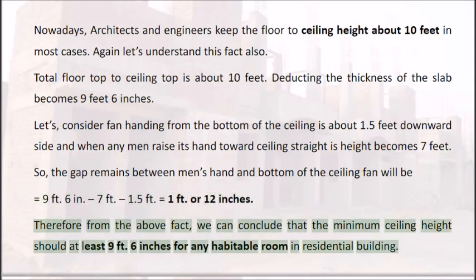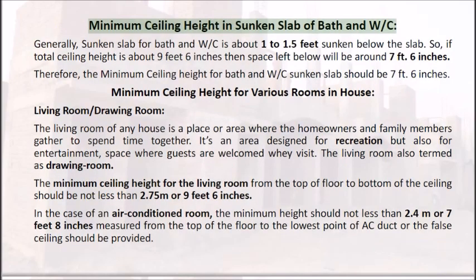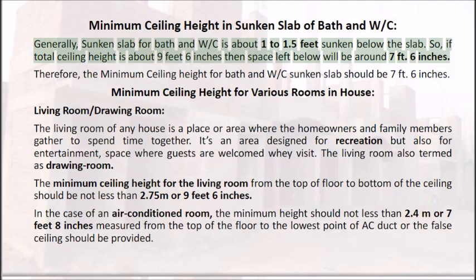Therefore, from the above fact, we can conclude that the minimum ceiling height should be at least 9 feet 6 inches for any habitable room in a residential building. Minimum ceiling height in sunken slab of bath and W/C. Generally, the sunken slab for bath and W/C is about 1 to 1.5 feet sunken below the slab.